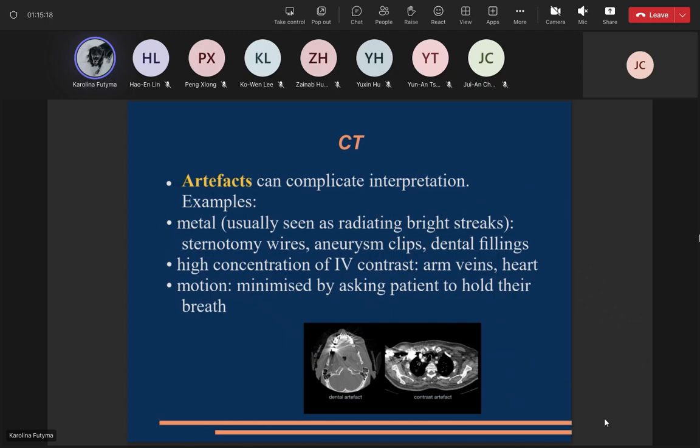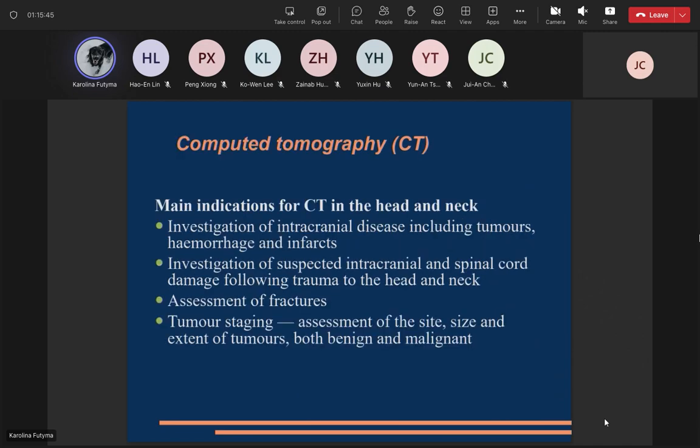For example, metals usually seen as radiating bright streaks, sternotomy wires, aneurysm clips, dental fillings as the amalgam or composite fillings. High concentration of contrast in arm veins, heart motion minimized by asking patient to hold their breath, of course, the motion of the patient can be a problem.